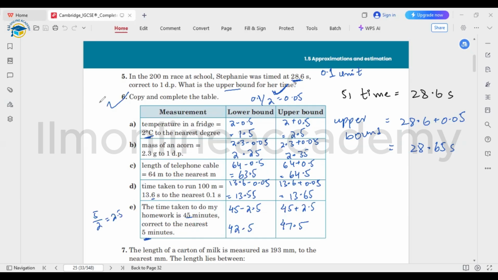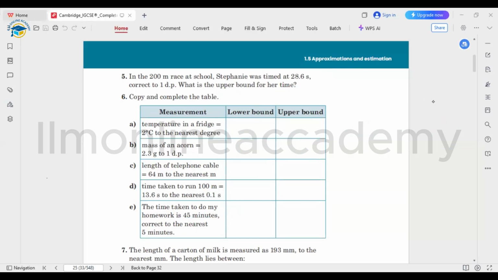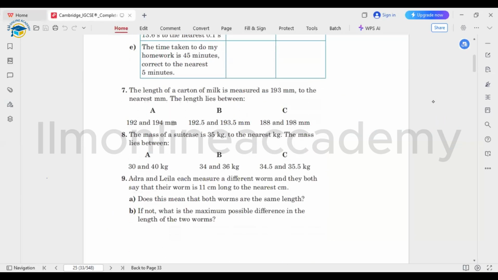Okay, so this is your complete part number 6. So let's move on to the next. Moving towards part number 7. In this part, they are asking that the length of a carton of milk is measured as 193 millimeters to the nearest millimeter, and the length lies between A, B, or C. Like lower and upper bound both, they are just asking for the range.